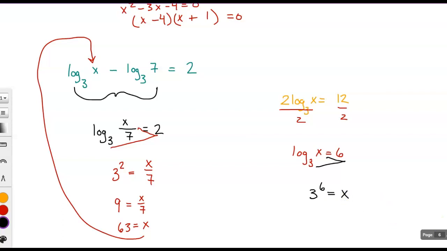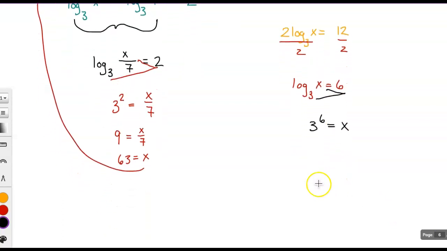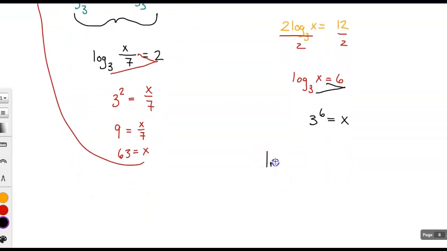Okay? Maybe you could see her doing something like this. The natural log of x, and let's see, I'll put a number in front of this. How about we'll do 3 ln x equals, I don't know, 15. So you would divide by 3 first.